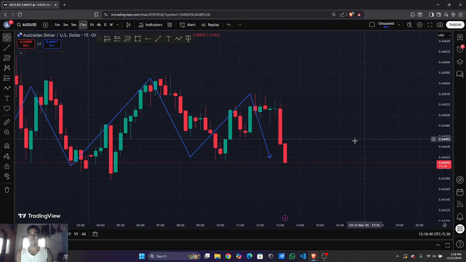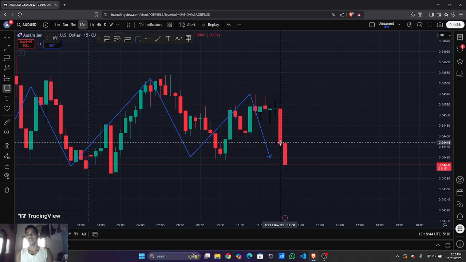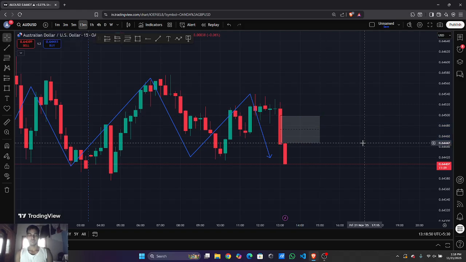We have a fair value gap, but I don't think it will come in the fair value gap. This is a very strong candle. There is no wick. We'll mark the levels. So bearish AUD.